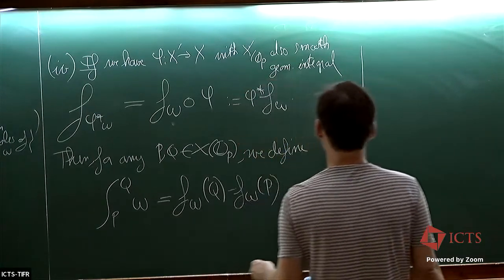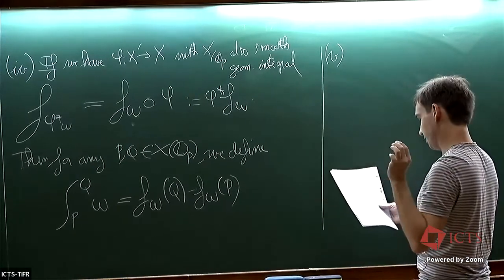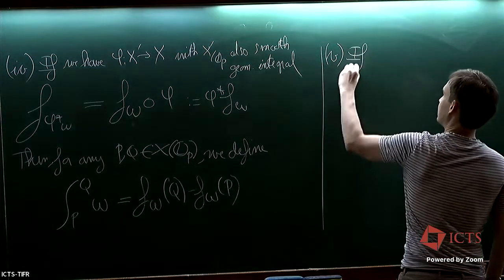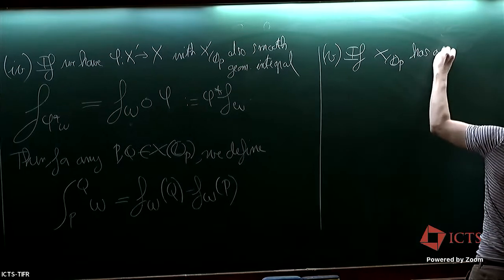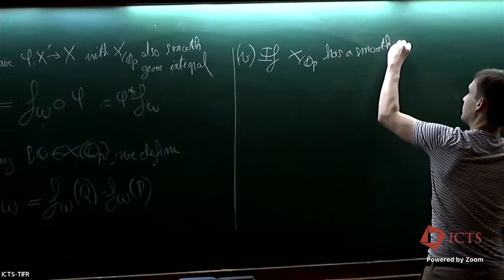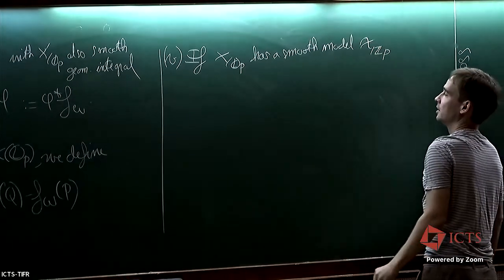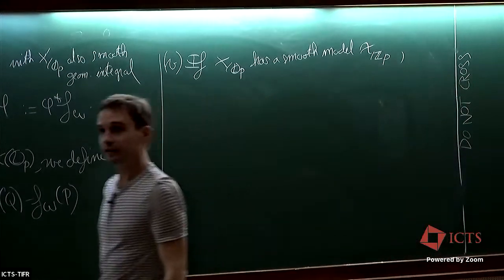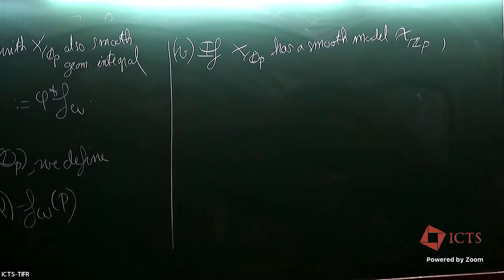And here I should also mention, and this is more obvious with Coleman's theory, there is one last thing which is good for us: if X_p has a smooth model X over Z_p, say, then when I have a smooth model, I can talk about residue disks or residue polydisks, as I explained yesterday.